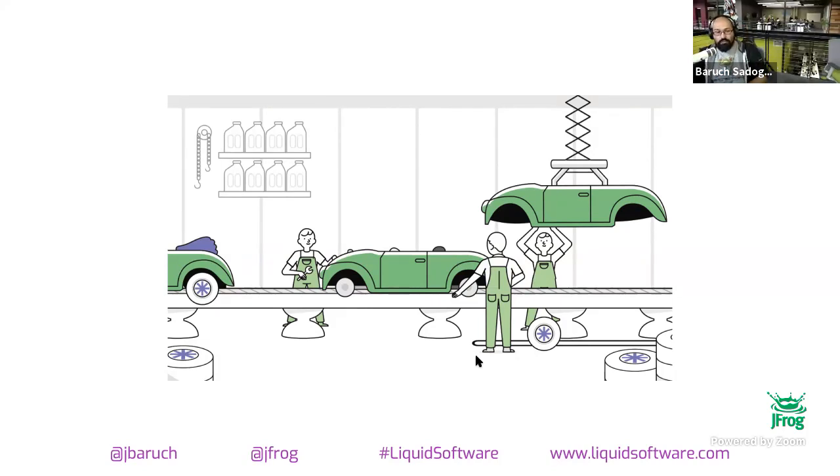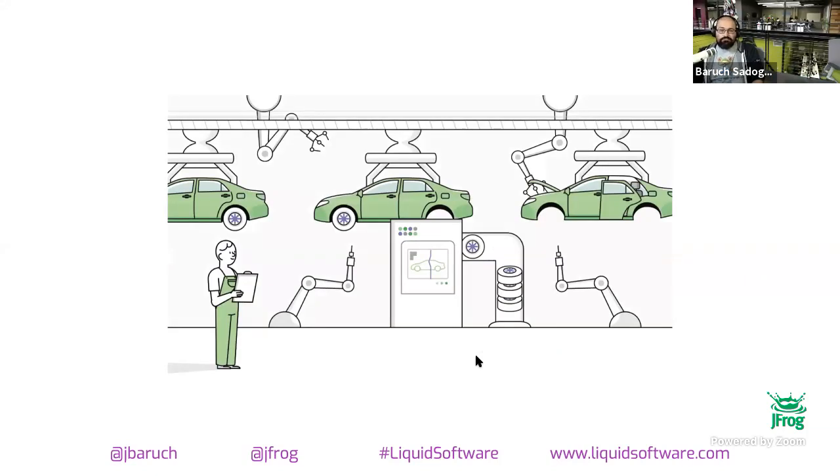Obviously, the entire manufacturing line back then was completely manual, and today the same manufacturing lines are completely automated with robots and what's not, and they produce the cars.